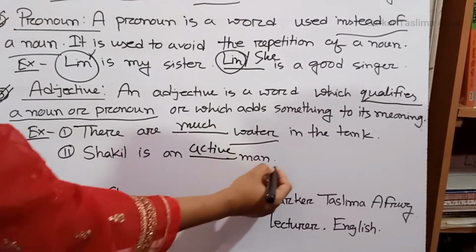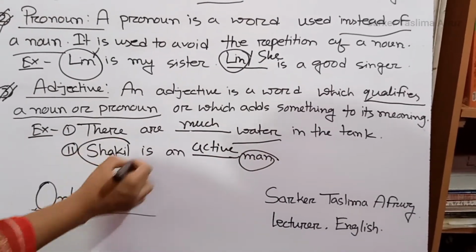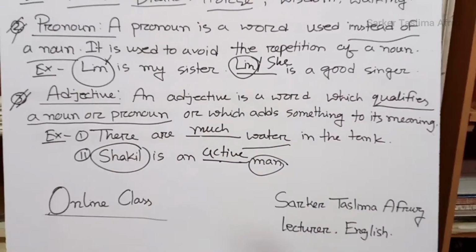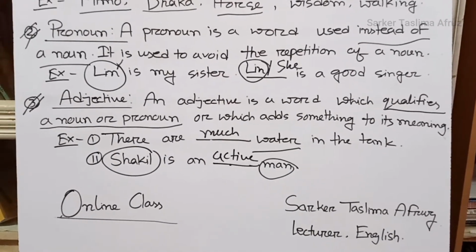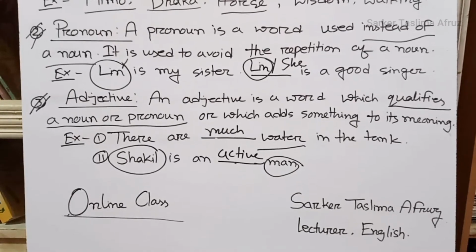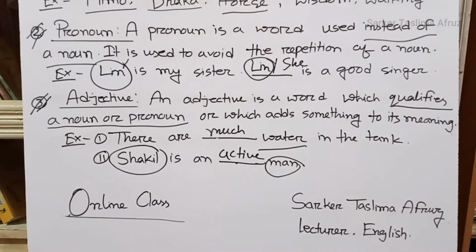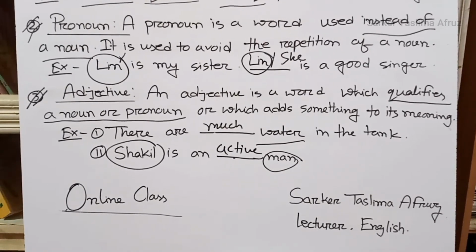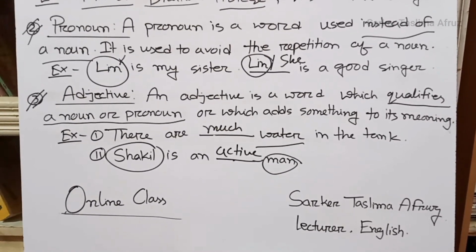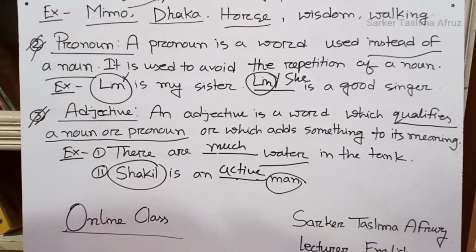It's the quality of this man, Shakil. So it's adjective. I hope, dear students, now it's very clear to you what adjective actually means. Actually, adjective qualifies, modifies noun or pronoun. So dear student, next we will turn to verb.